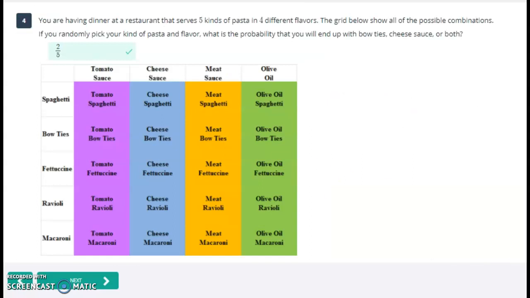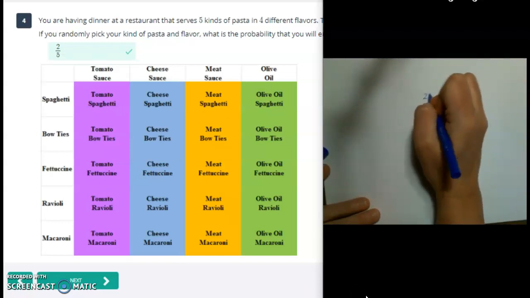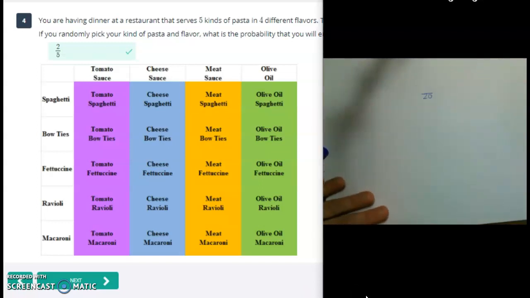Okay, I'm looking at the table here to determine what is the probability that we will end up with bow ties, cheese sauce, or both. If I look at the total outcomes possible on this table, I know that there are 5 by 4, there are 20 outcomes. So that is going to be my denominator. So we know that it's out of 20. I want to look at where I have bow ties, cheese sauce, or both.